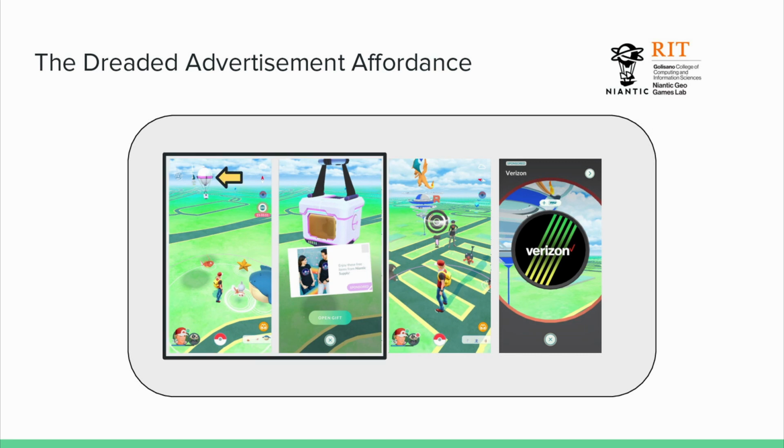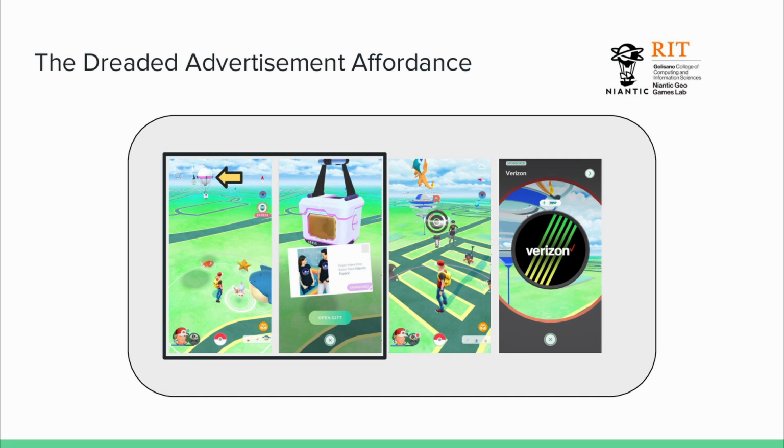In the first, the game presents the user with an object that exists kind of in the skybox of the game, the upper area of the interface. And typically this is rendered as a balloon. When the user taps on that balloon, they then are given this screen. And this screen shows you a bit of advertising copy, indicates that it's sponsored, and kind of lets you know who is responsible for paying for this thing.